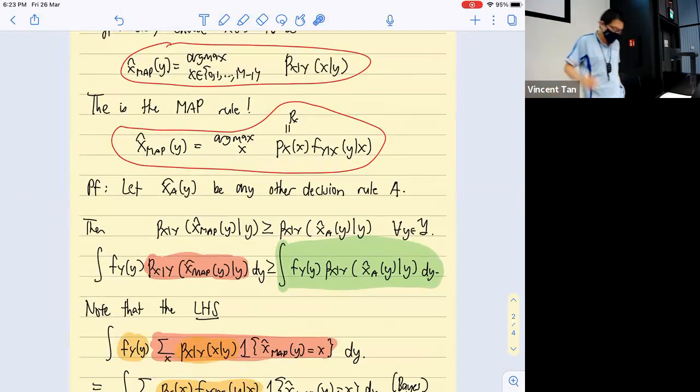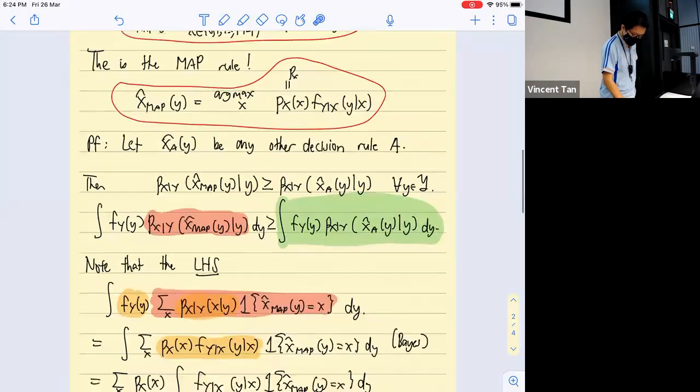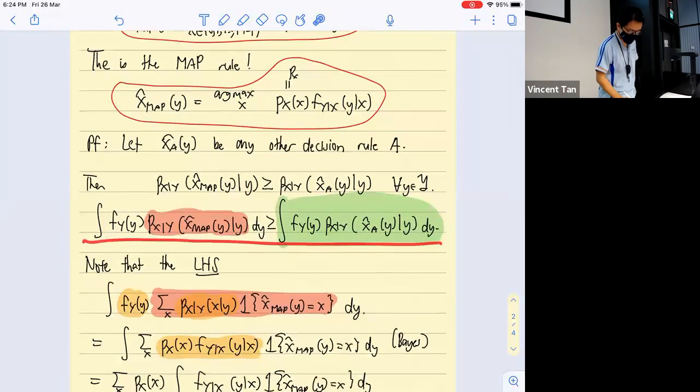All right. So how do we show that the map rule is better than everybody else? Let me take somebody else, let's call it XA, and it has some output, some decision. But based on the definition of the map rule, we have this relationship: X map maximizes the posterior probability over all possible A for every fixed Y. So now we can integrate both sides like this.